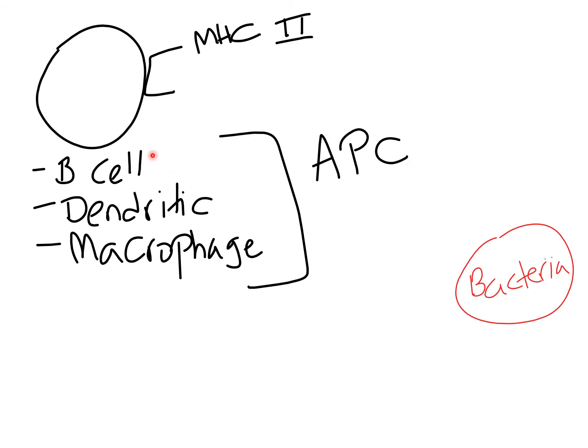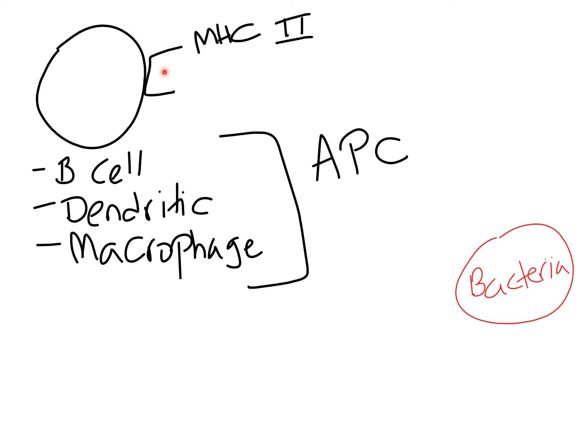Now, why do we call those three cells antigen presenting cells? Because those cells are going to present a piece of the foreign antigen within their receptor. Why a piece of foreign antigen? Because those three cells are known to engulf a pathogen.